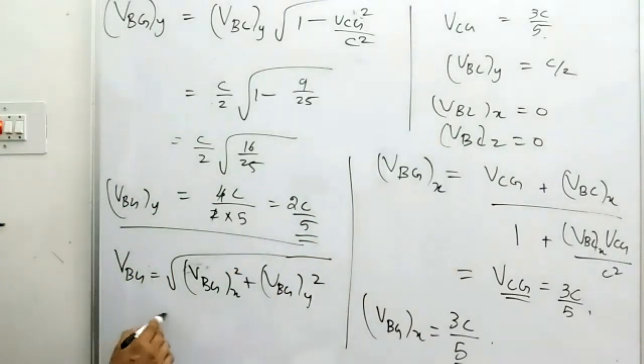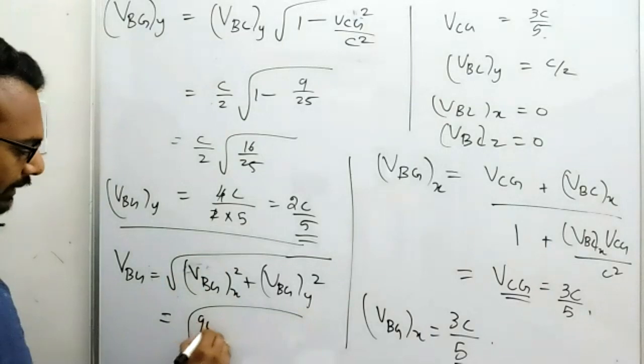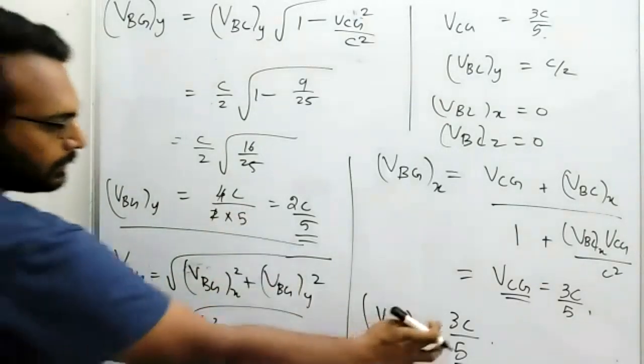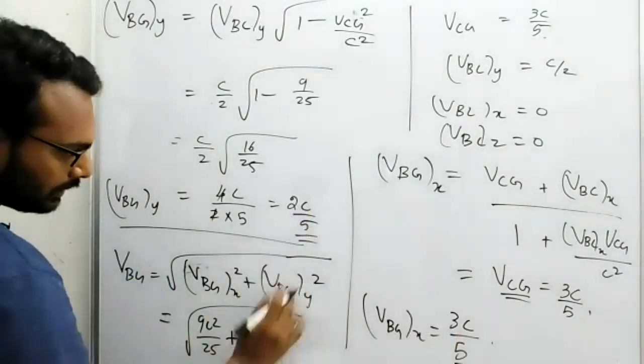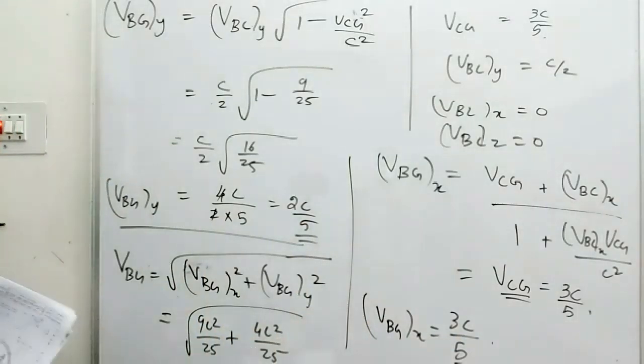You just square these things and add, you get the square root of 9c square by 25 plus 4c square by 25. So the answer is, this is 13, so the square root of 13 by 5 multiplied by c. Is this clear? Is there any question regarding this? Is this fine?